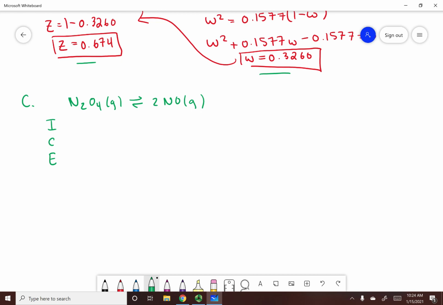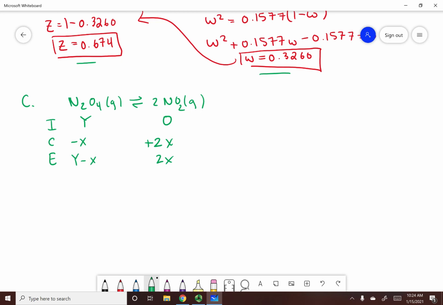So in this case, again, I start out with N2O4 in my container. I don't know how much. I don't have any NO2 gas in my container. This is going to decompose, and I'm going to make products. So I plus C equals E, and so I get an expression at equilibrium.